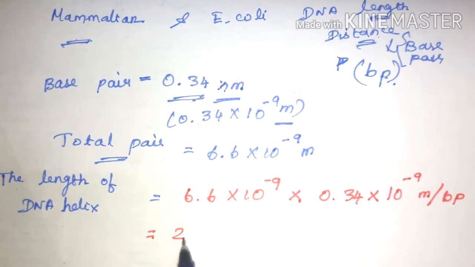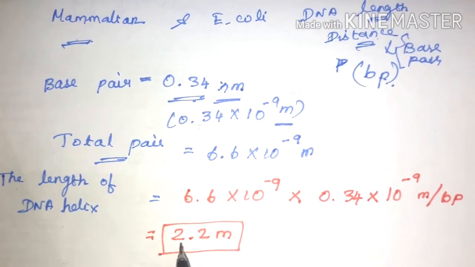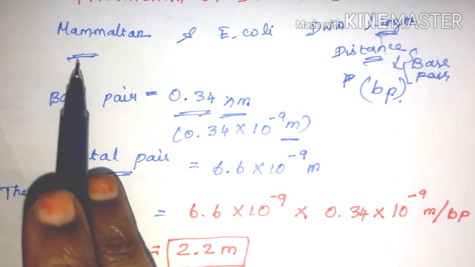So the answer will be 2.2 meter. This is the total length of the DNA helix in the case of mammalia.